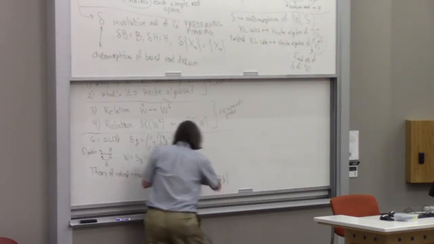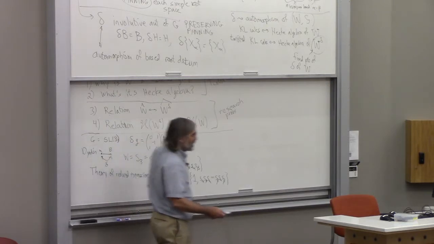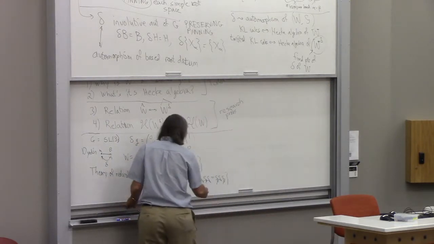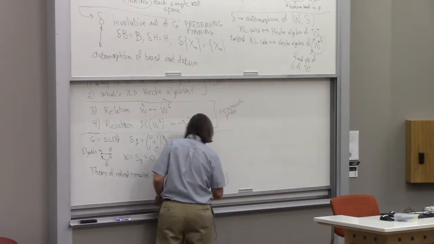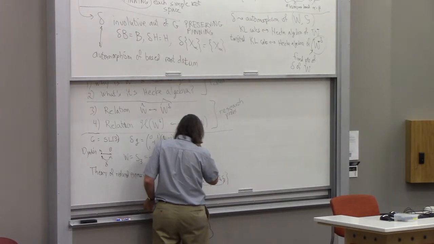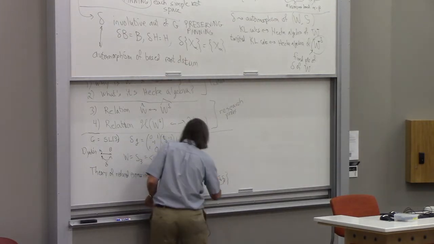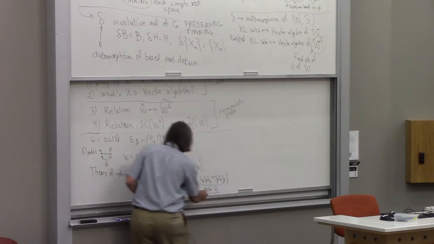So those are the only two fixed things, and this relation tells you, well, it's just obvious that this element has order 2.